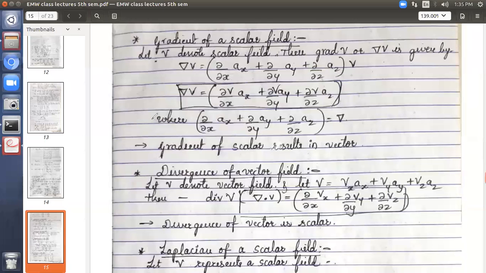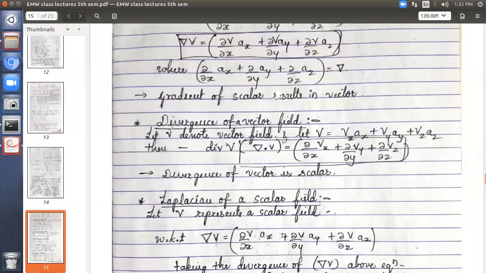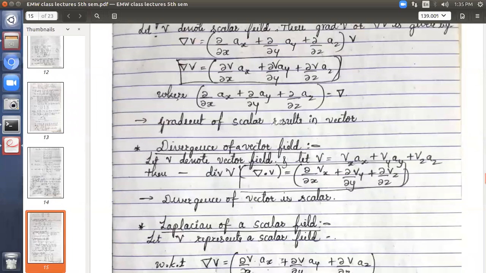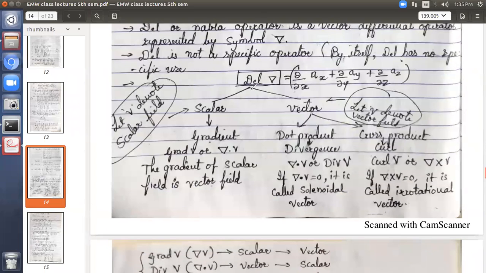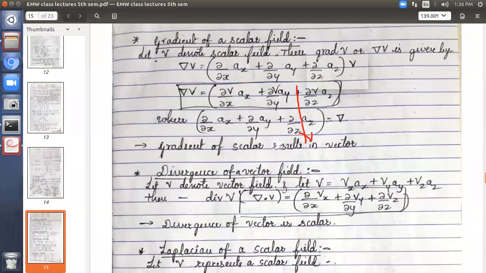Coming to the divergence. I said in this chart, see, when del is operated on a scalar, it is gradient. It should be operated on a vector, either dot or cross, it is either divergence or curl. So for divergence, it should be a vector, dot product.